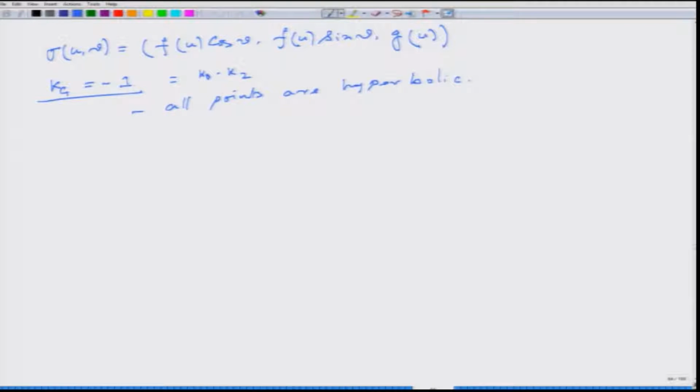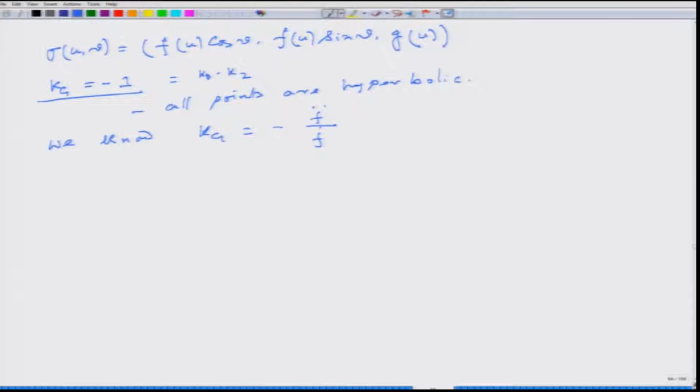Now, we know that for a surface of rotation the Gaussian curvature is given by -f double dot by f dot, and we consider a unit speed curve.